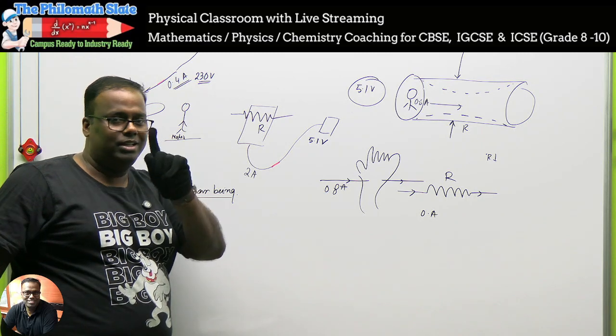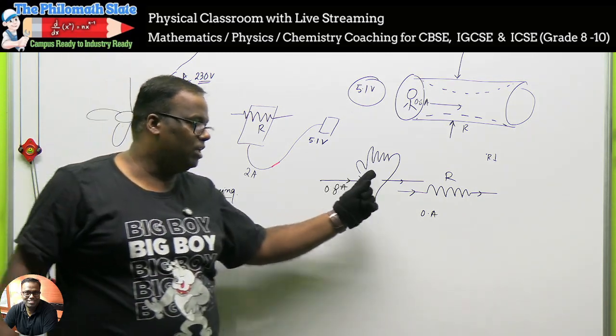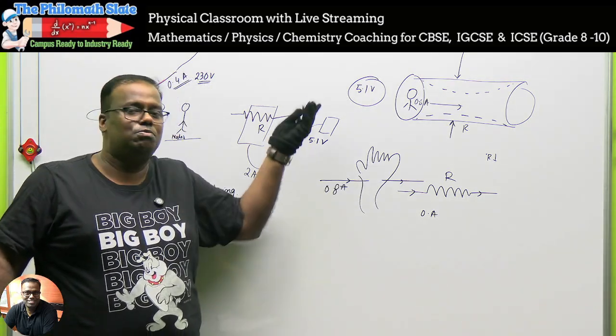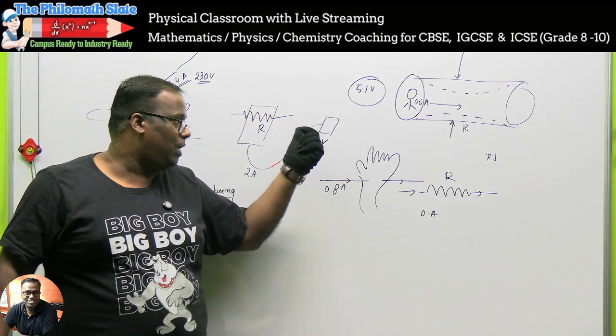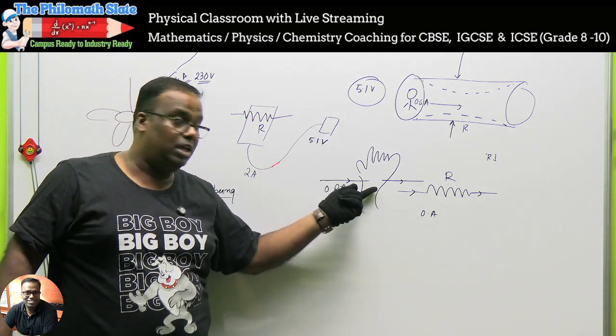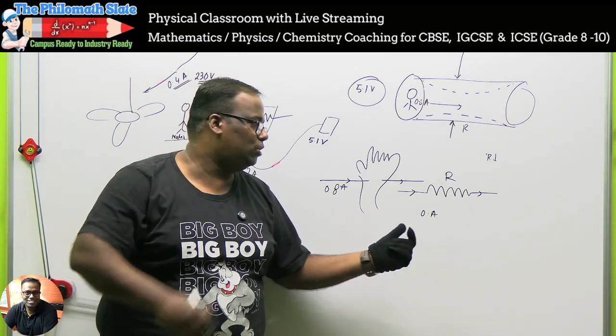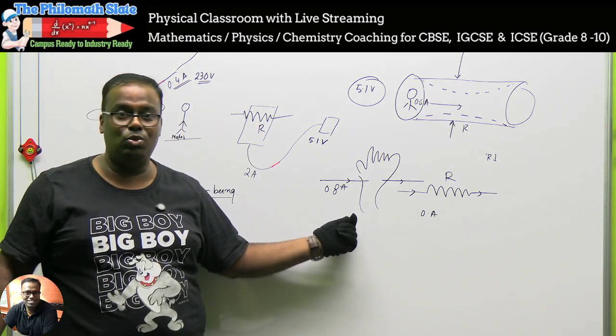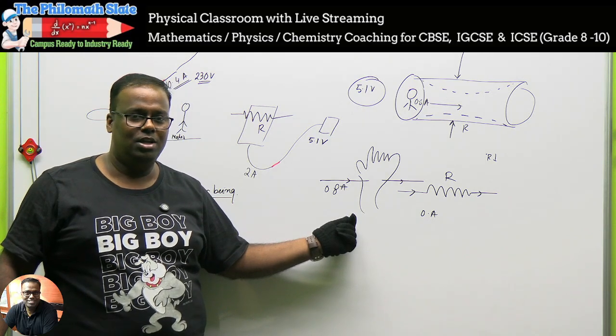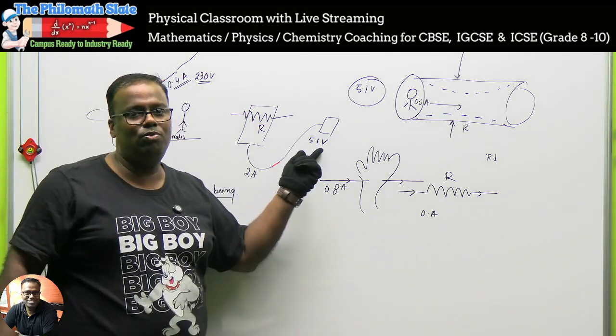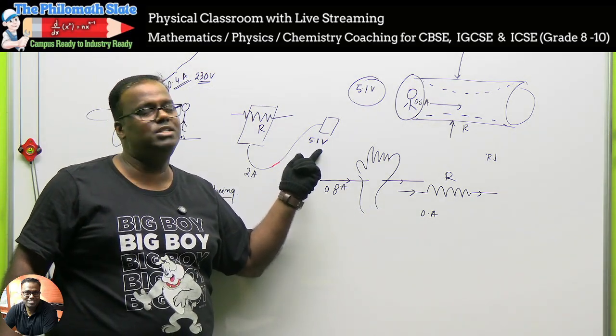You are not like that. You are a body whose initial resistance is much more than the mobile. So 5.1 volt as a kick is not sufficient to pass 2 amperes through you. Your death happens at 0.8 itself. If 2 ampere went through, you would die. But you're trying to push 2 ampere with 5.1 volt, and it won't go.